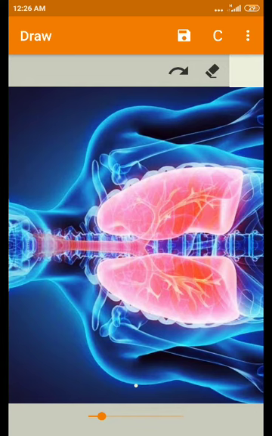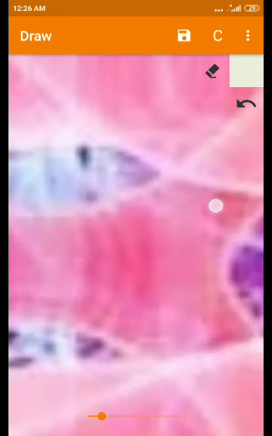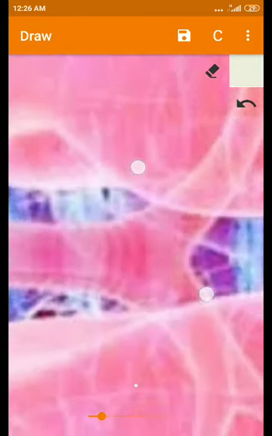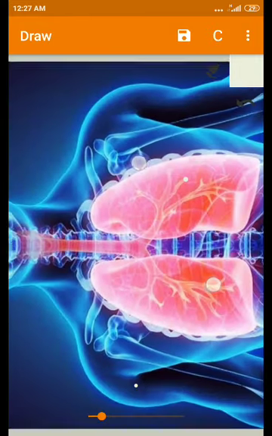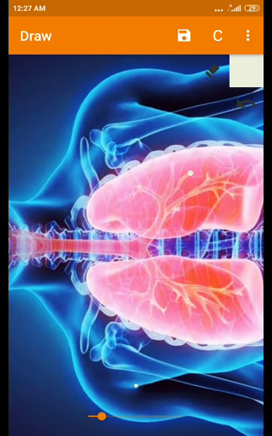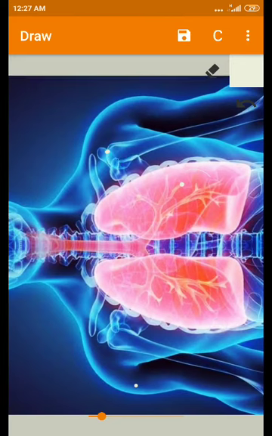If the recoiling property is not exhibited by the lung tissue, how is exhalation going to occur? As we know, during quiet breathing, exhalation occurs through the elastic recoiling of the lung, isn't it? But in such cases, it does not occur properly.